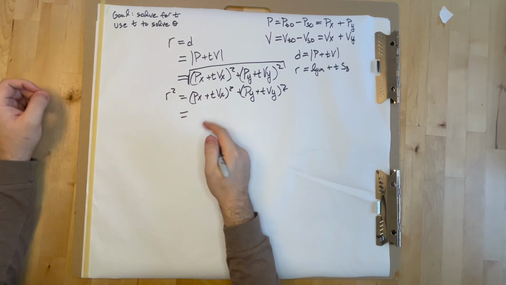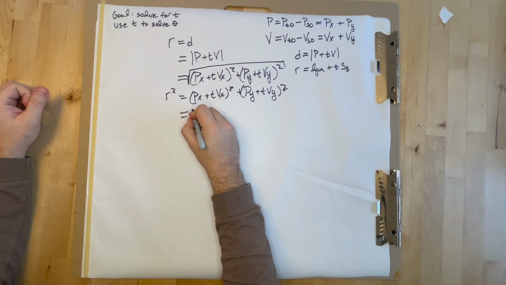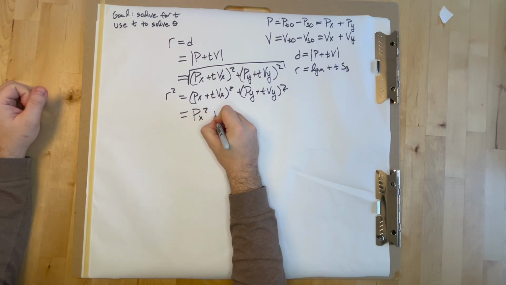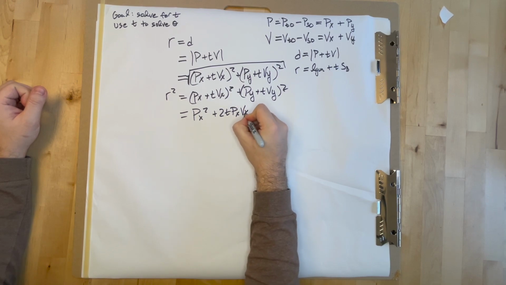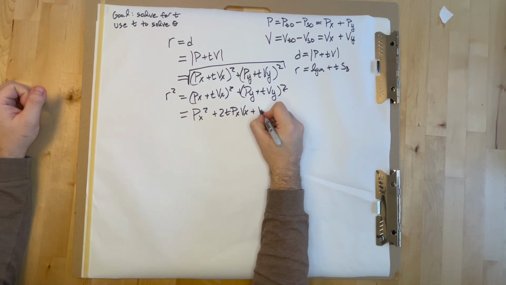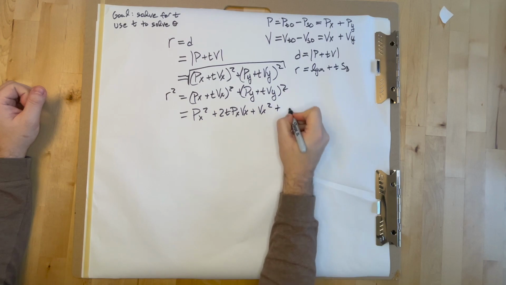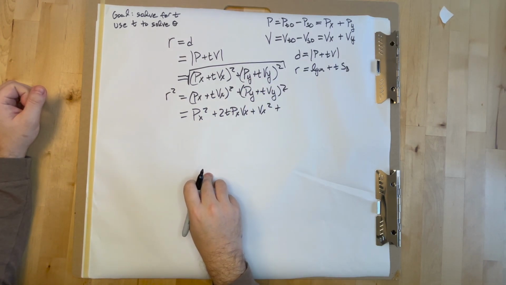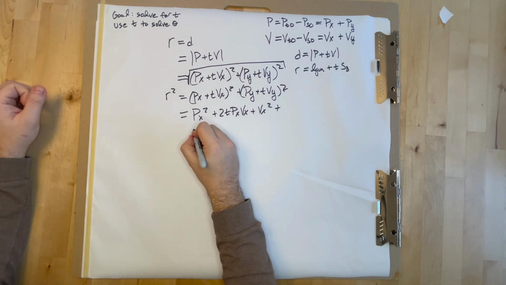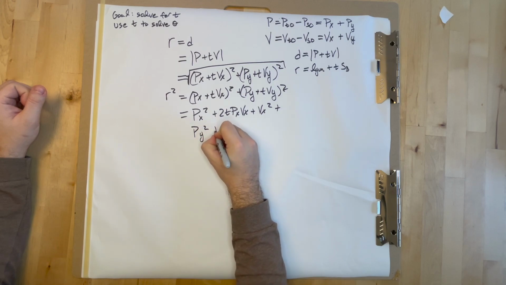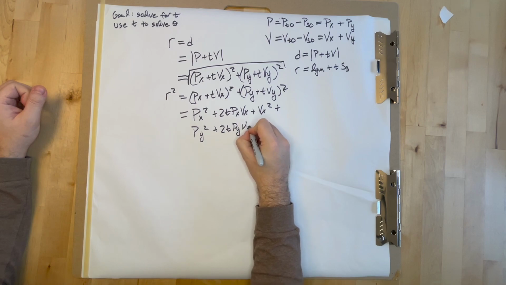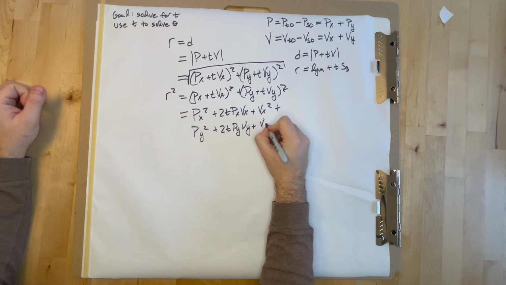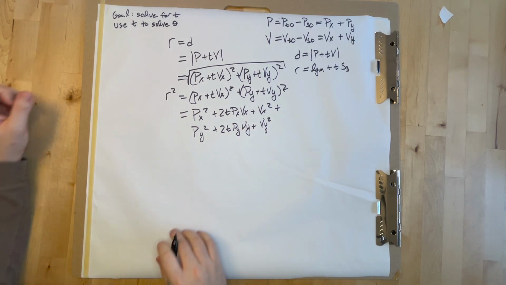So I'm going to take this term first: px squared plus 2t px vx plus t squared vx squared, and then the polynomial expansion of this term, py squared plus 2t py vy, this is looking very similar, plus t squared vy squared.